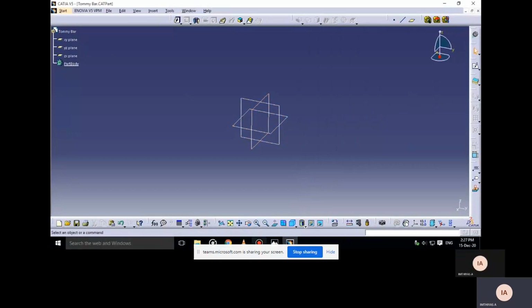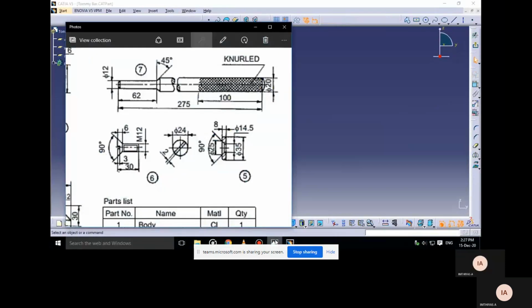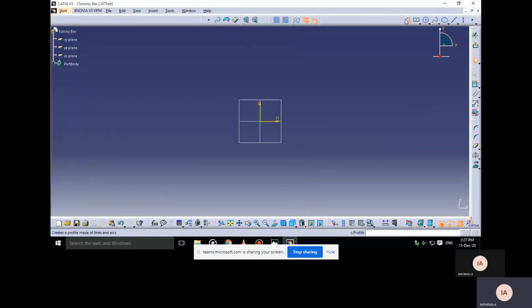Then we will assemble it. The total length of the Tommy bar is 275, and we'll have a diameter 12 mm rod. We will make half of the profile, and we will revolve it using the shaft command.